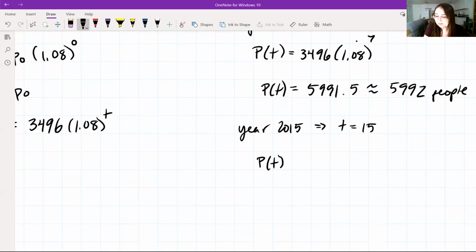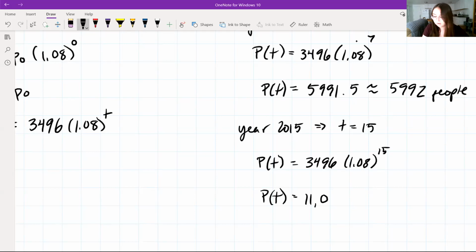So we use P of t is equal to 3,496 times 1.08 to the 15th power. I encourage you to calculate this value on your own, and you should get 11,089.9, which we round up to be 11,090 people.